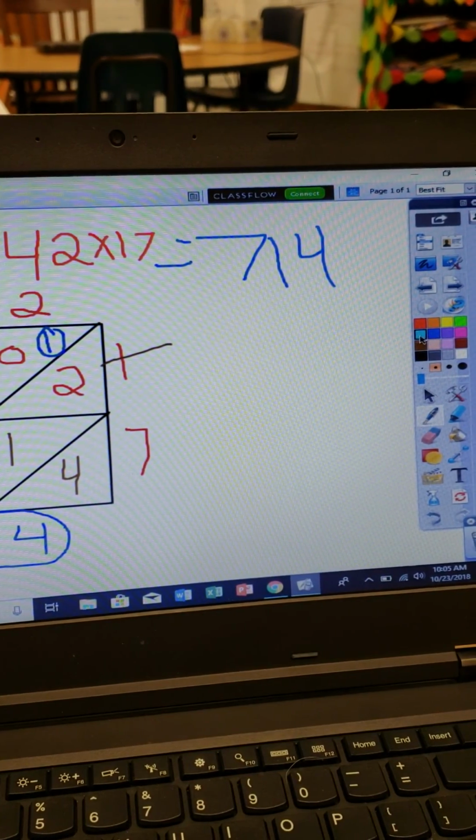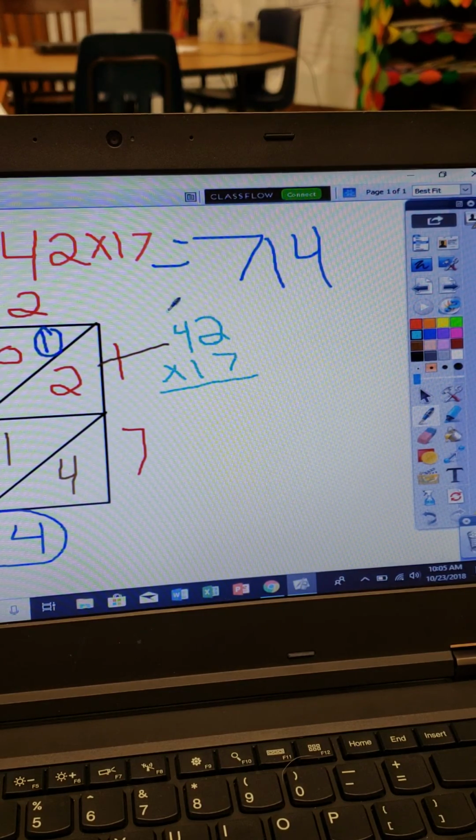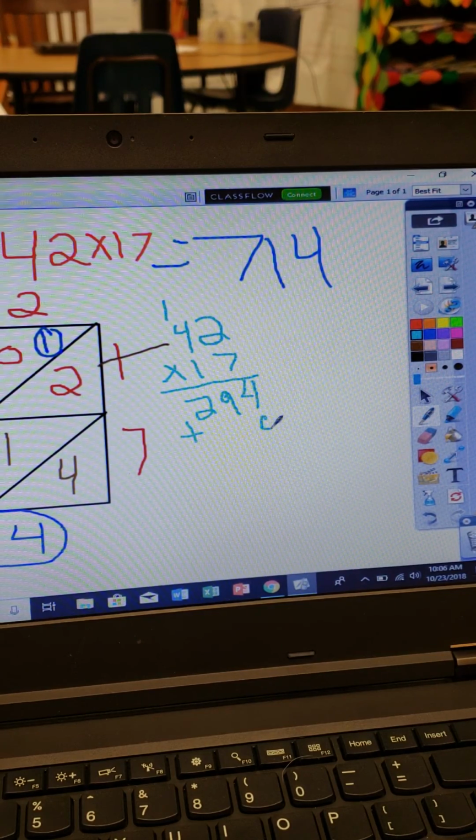Now, if I really wanted to, I could check it, and I could go 42 times 17, and I could go 7 times 2 is 14, 7 times 4 is 28, plus 1 is 29. Put my placeholder.